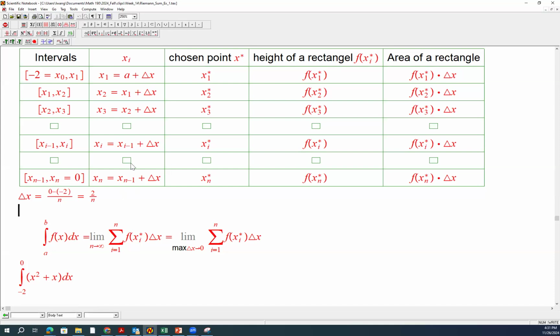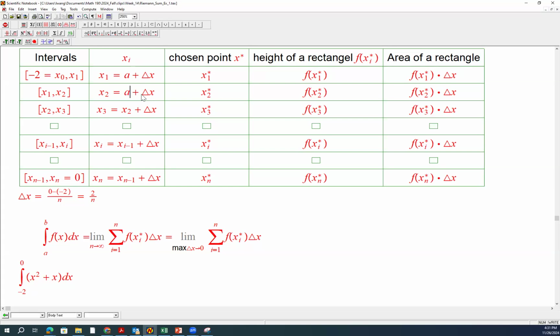Now the details become more concrete, right? So x sub 1 equals A plus delta x, but this is also going to be our start point. X sub 2 is also going to be our start point. X sub 3 is going to be our start point. So knowing the representation of these start points will be important.